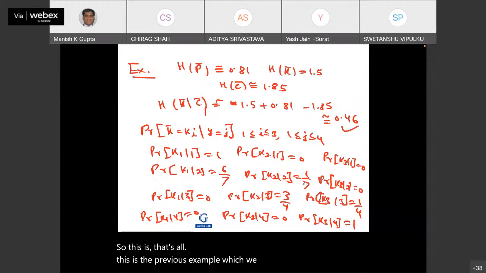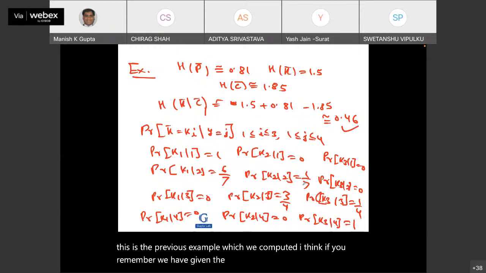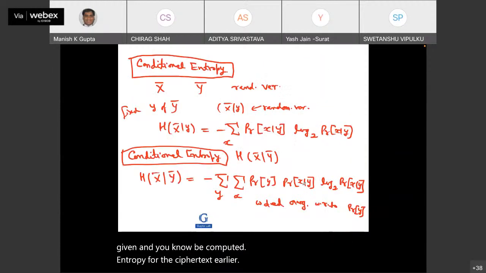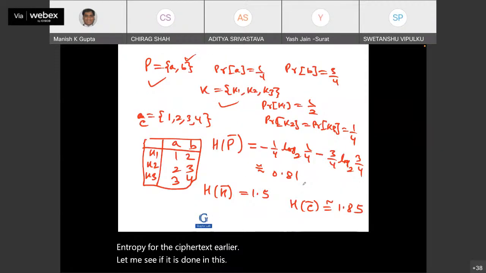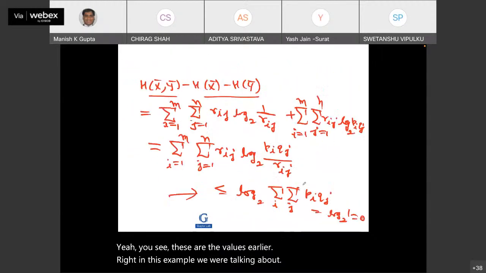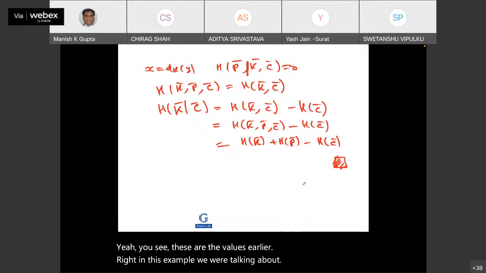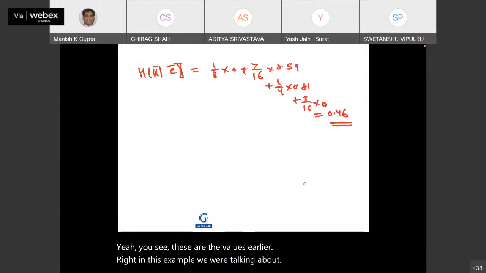If you remember, we were given the probabilities of K1, K2, K3, plain text was given, and we computed entropy for the cipher text earlier. Yeah, you see these are the values earlier. Once we have done this, that means we know how to compute the conditional entropy.